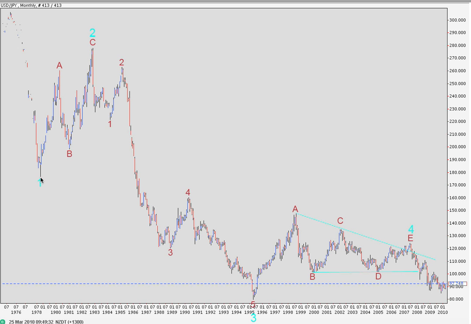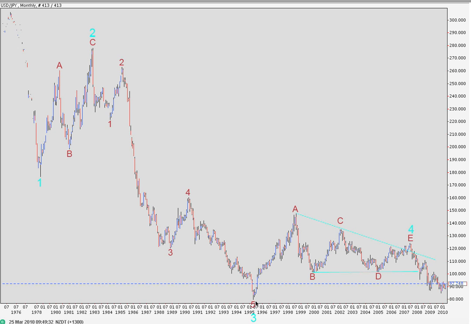This wave 1 at cycle degree, if it began here and ended here, is pretty close to 0.618 the length of this third wave. When a third wave is extended, as this is, and wave 1 is 0.618 the length of it, it's extremely likely that wave 5 will be of reasonable equality with wave 1 and about 0.618 the length of this wave 3.